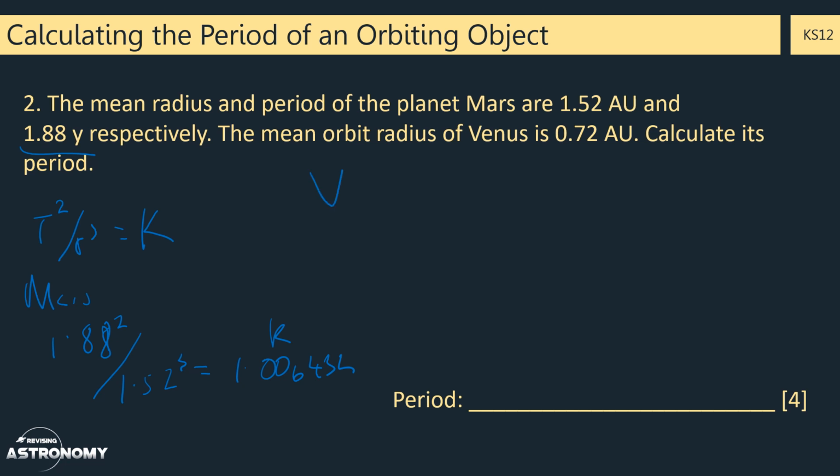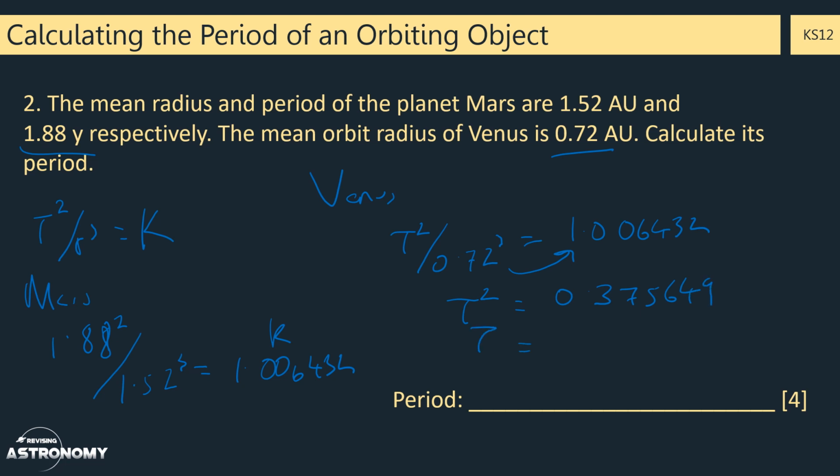Then for Venus, very similarly, we know that T squared divided by r cubed, 0.72, equals the value of k that we got before, 1.006432. So T squared equals this number multiplied by 0.72 cubed, which is 0.375649.